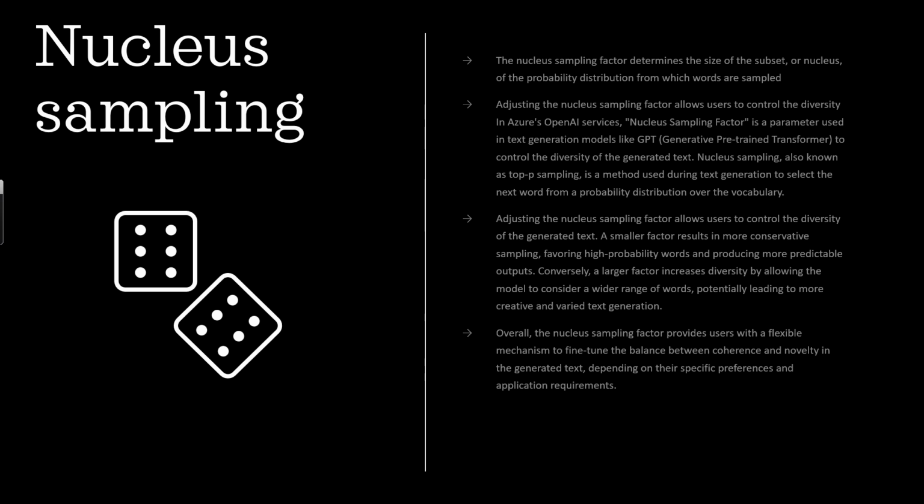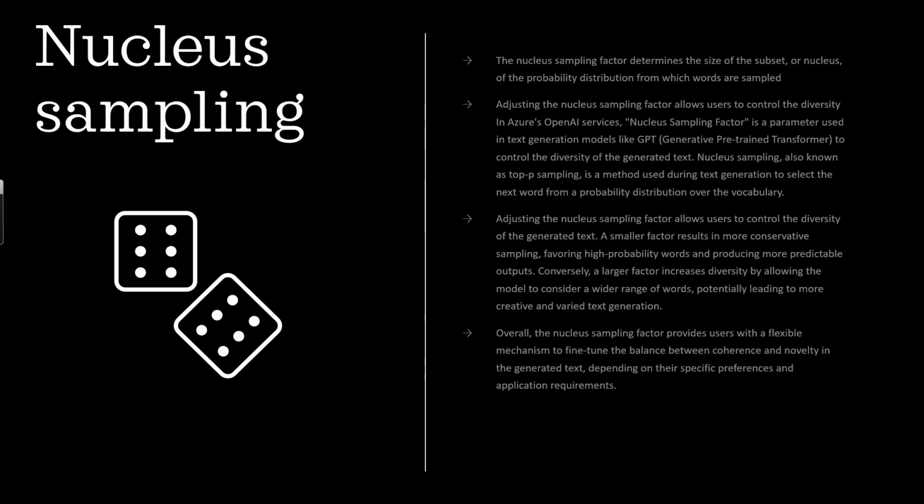Understand this, the probability of the response, for example, if you set it to 0.1, it considers the tokens in the top 10%, right? However, if you give it 1, then there will be more randomness, and it allows all the tokens. So overall, the nucleus sampling factor provides the user with a flexibility mechanism, same as the temperature, to balance the coherence and the novelty in the generated text.